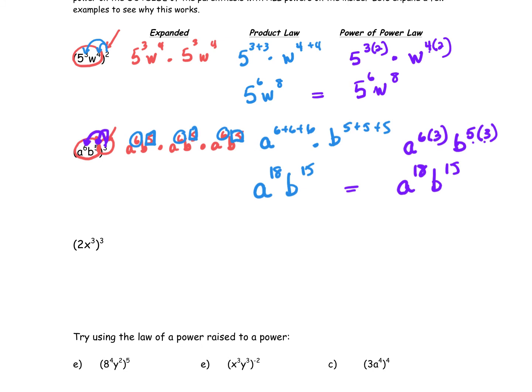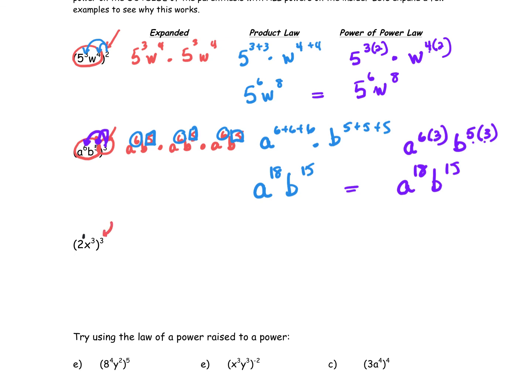Our very last example might be a little bit different and confusing because you notice that the 2 doesn't have a power. So this is when we use our identity property, and sometimes that kind of helps us. If I put 1 there when I go to use my power of power law, it might be helpful, and I can use it also when I expand. So let's try that.